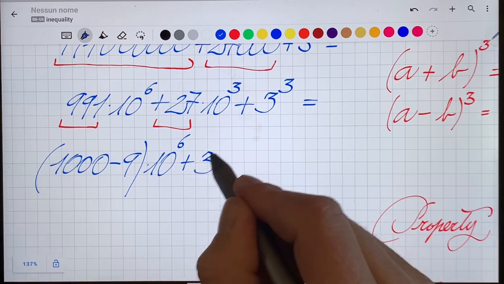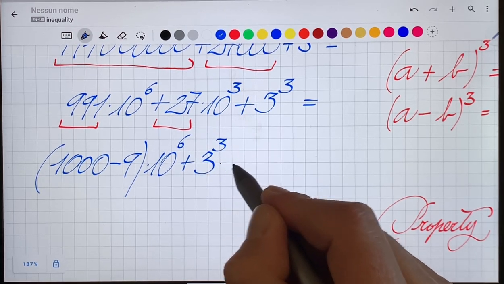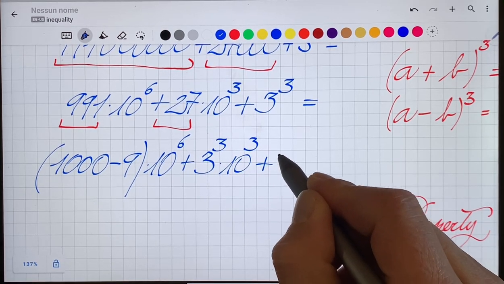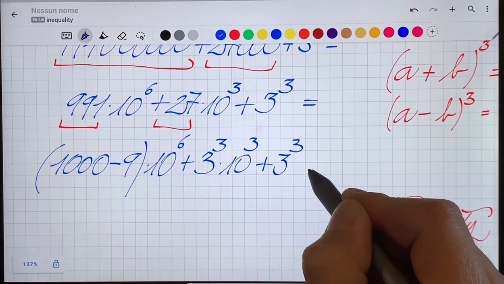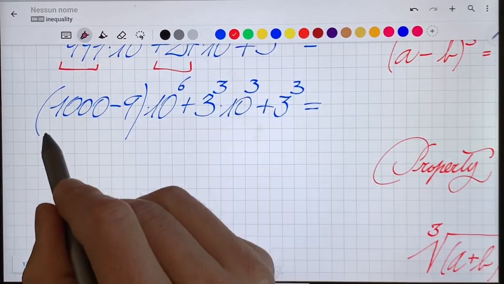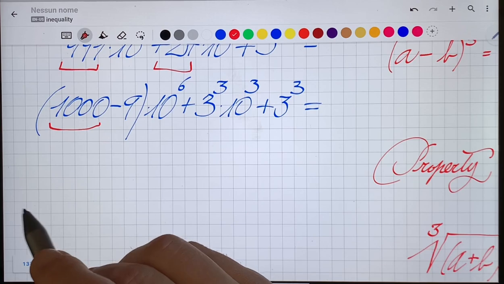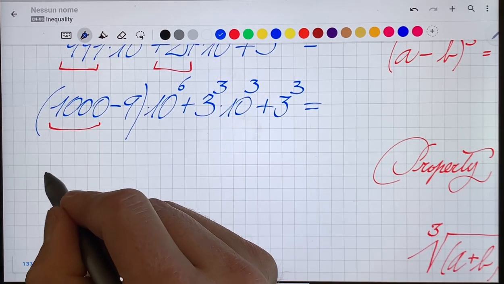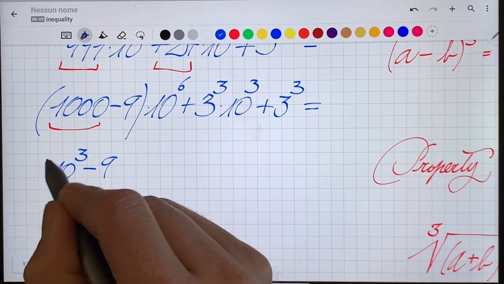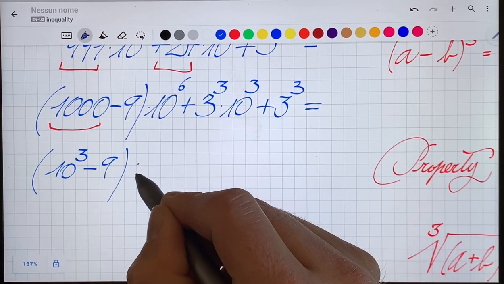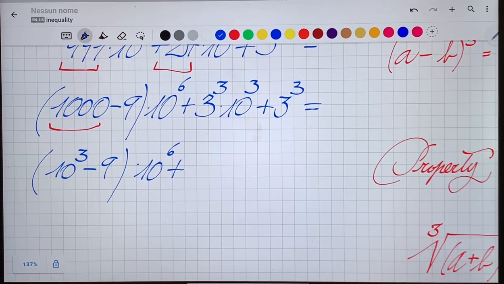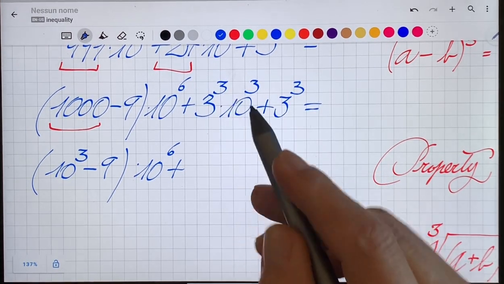So it's 3 to the power of 3 times 10 to the power of 3 plus 3 to the power of 3. And again, 1000 is 10 to the power of 3. So it's 10 to the power of 3 minus 9. That multiplies 10 to the power of 6 plus 3 to the power of 3.